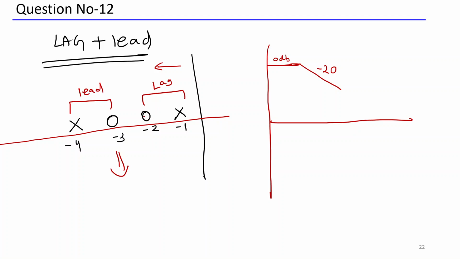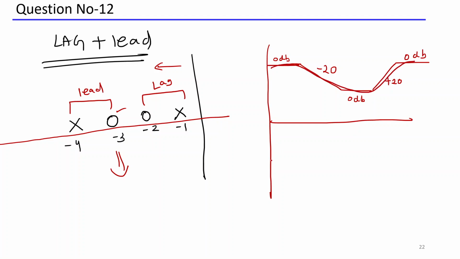Then you are again encountering a zero. Zero means -20 plus 20, again it will be 0 decibel. From 0 decibel you are again encountering a zero, meaning you go +20. Then again you are encountering a pole. So +20 -20, it will be 0 decibel. So it will be structured like that.